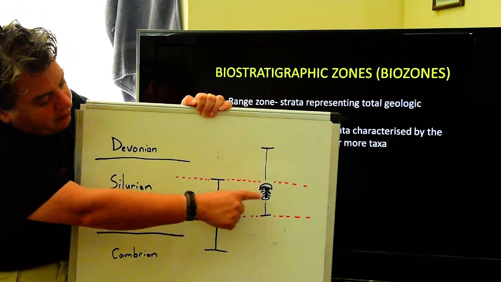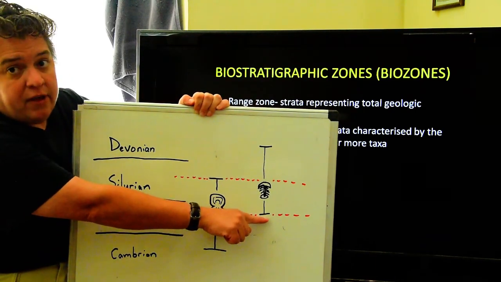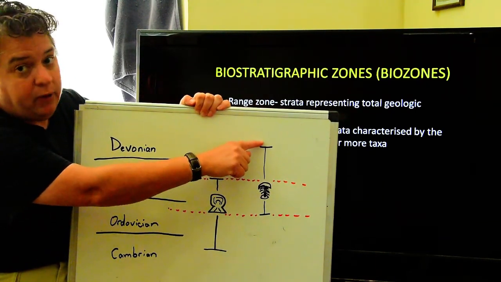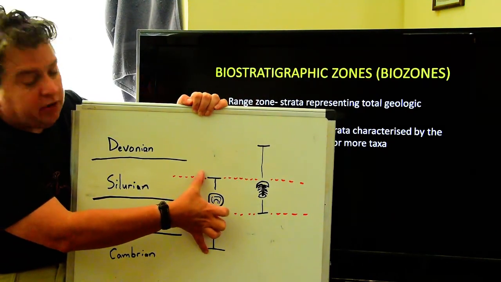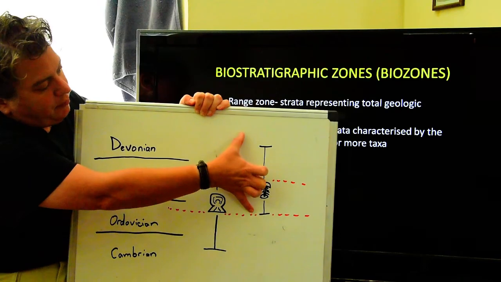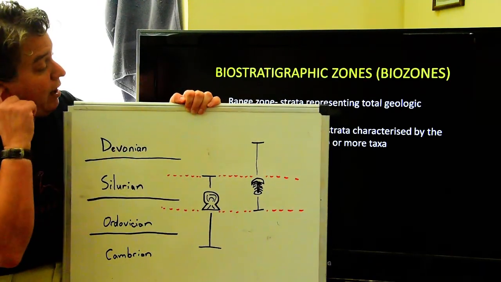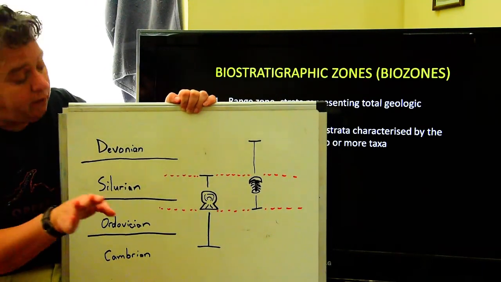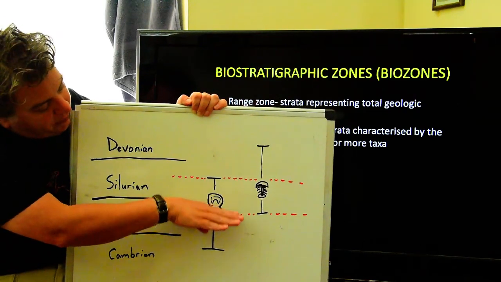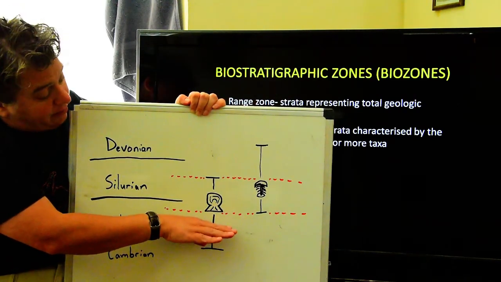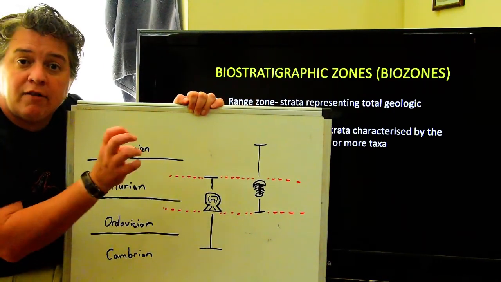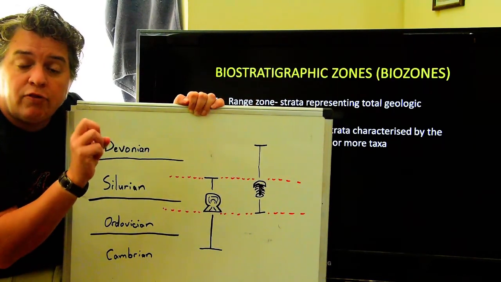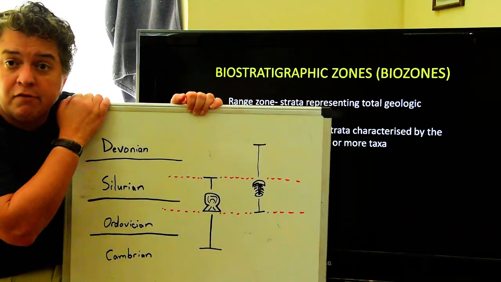Or over here, this is a different fossil. It shows up there, and that species lives all the way to there. So this whole time period is the range zone of that fossil, or this whole time period is the range zone of that one. The concurrent range zone is between these red dotted lines, right? Because that's the time period during which those two coexisted.